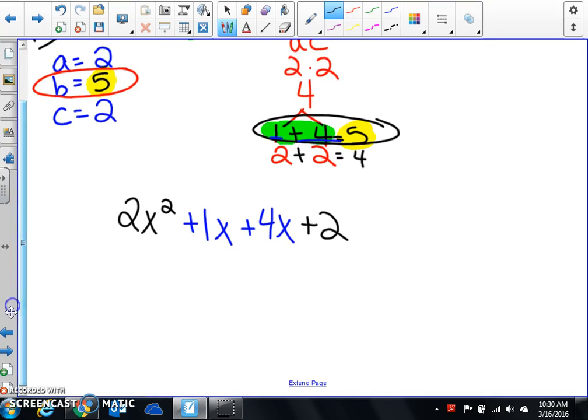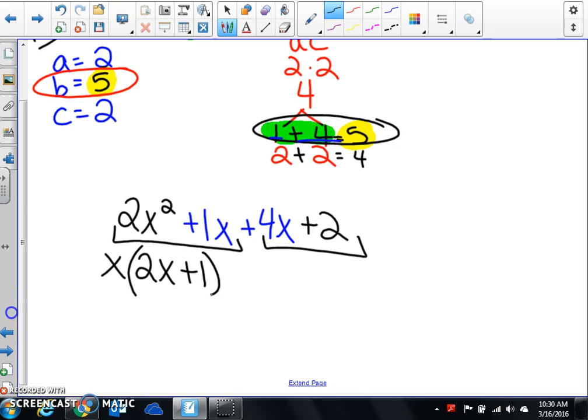Now I've got 4 terms, so I factor by grouping, these 2 and these 2. The greatest common factor of my first group is just an x, and I'm left with 2x plus 1. Here's a plus, so I put plus. The greatest common factor of 4x plus 2 is 2. 4 divided by 2 is 2, and then I have my x. 2 divided by 2 is a positive 1.